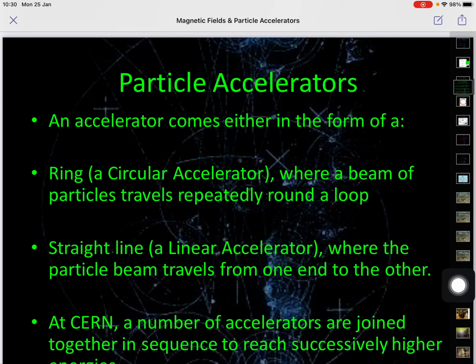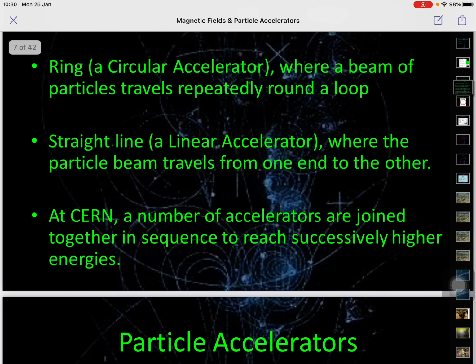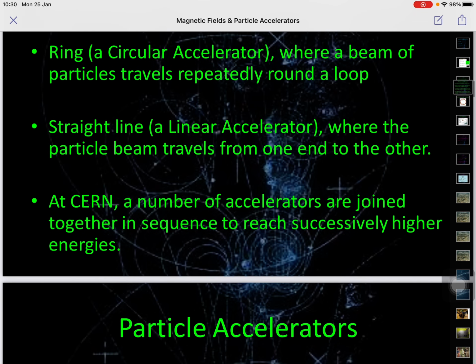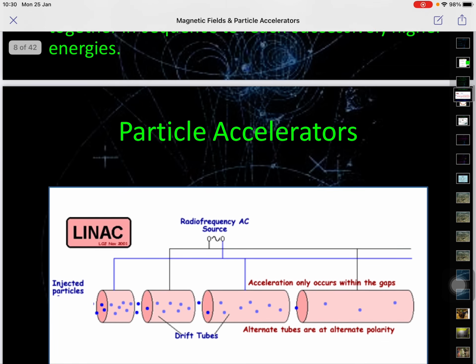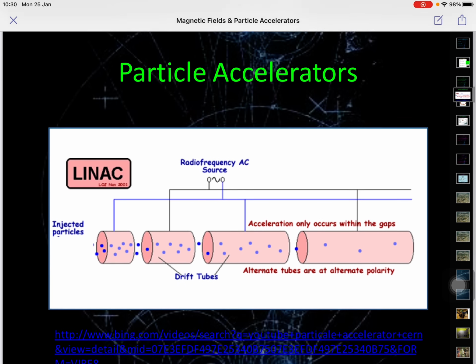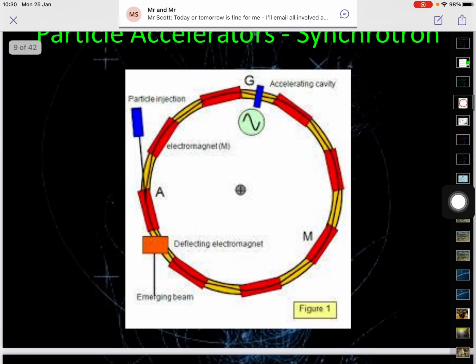Now, there are a few different versions of particle accelerator. I'm not going to read you through every one because, as you probably noticed, we're at 7 out of 42 slides, but I would urge you to have a read through and watch the video clips to get a bit more information. This one is a linear accelerator, sometimes called a LINAC, and that accelerates our particles in straight lines.